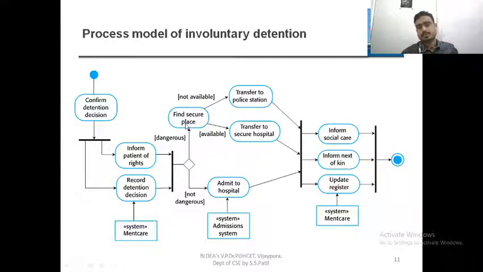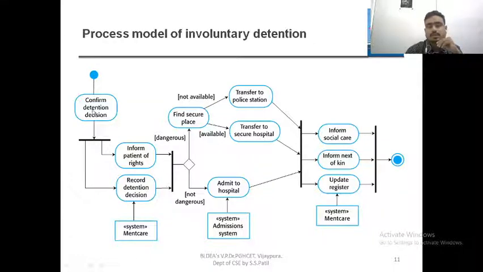Find a secure place. If available, transfer to the secure hospital. Once you transfer to the secure hospital, the same things come again: inform the social care, inform the next of kin, update the register, do the regular checks.